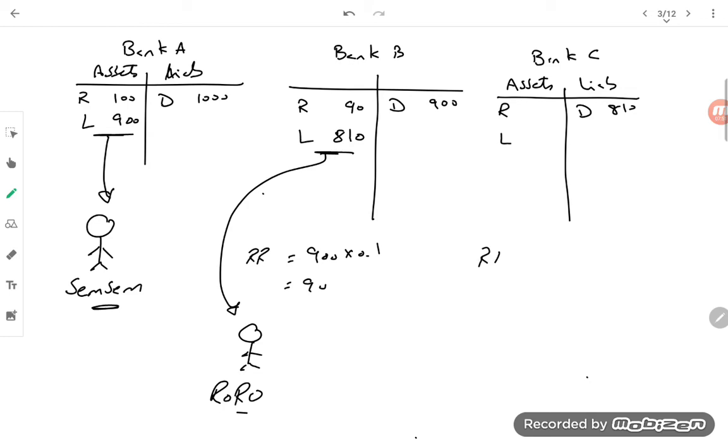The required reserves in this case will be 0.1 multiplied by 810. So Bank C is going to keep, sorry, it's not 8.1, it's 81 dollars, and the rest will be loans to another person, and so on.